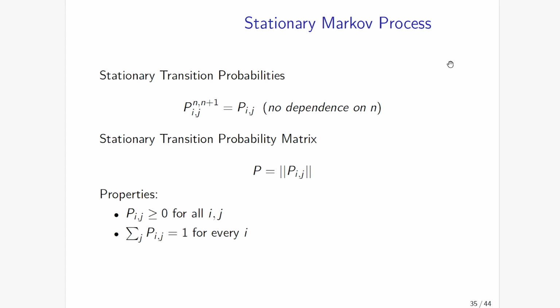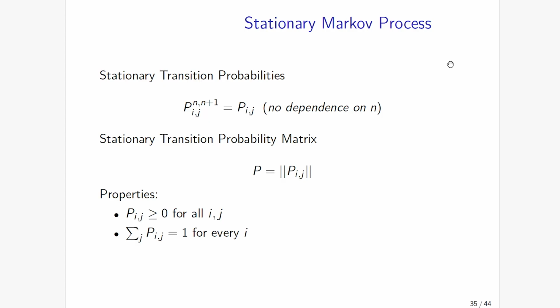Now, the general Markov process as introduced there is very complex because we may have different transition probabilities depending upon how long the process has been operating. A simple case is called a stationary Markov process, where these one-step transition probabilities do not depend on the time. So we have the same probabilities of moving from one state to another, regardless of when that is occurring.